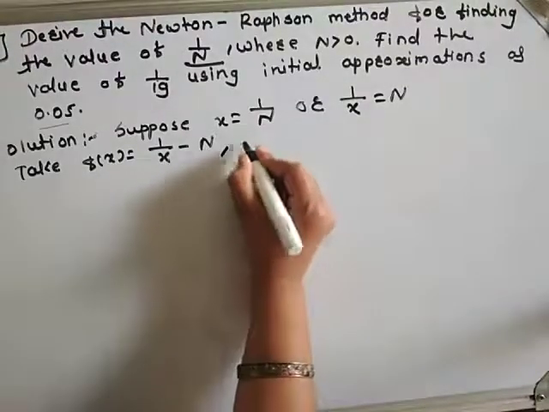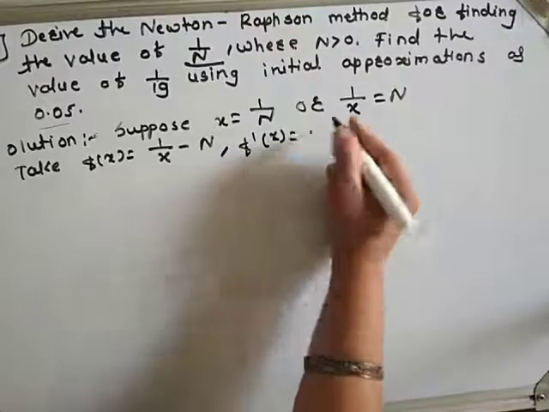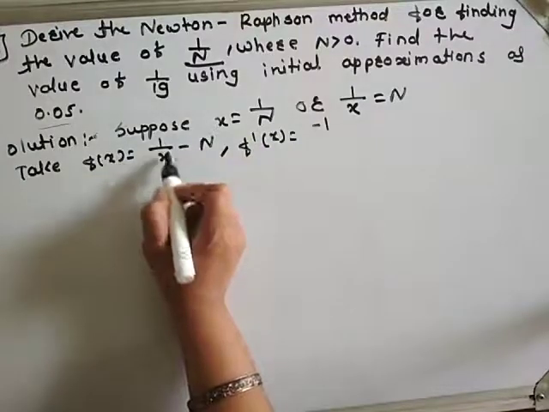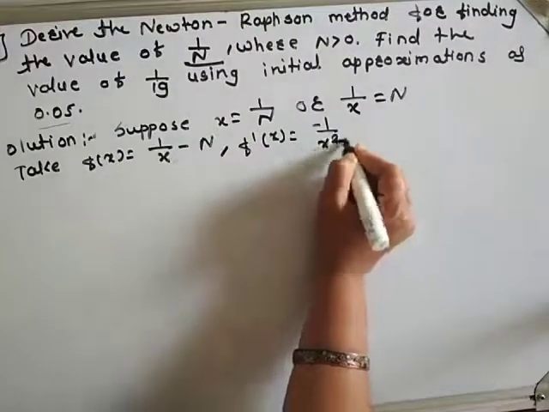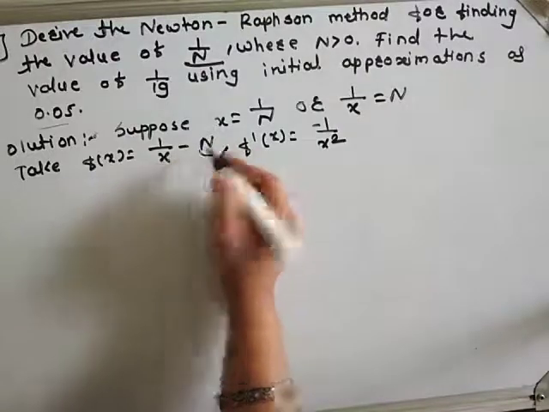Then derivative f dash of x is equal to minus 1 upon x square. Here n is constant, so derivative of n is 0.